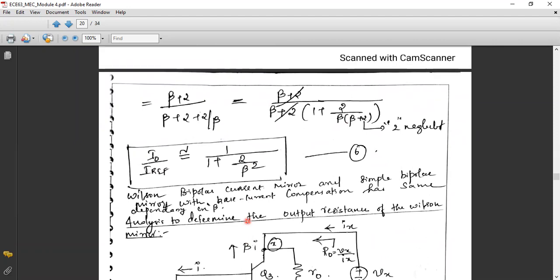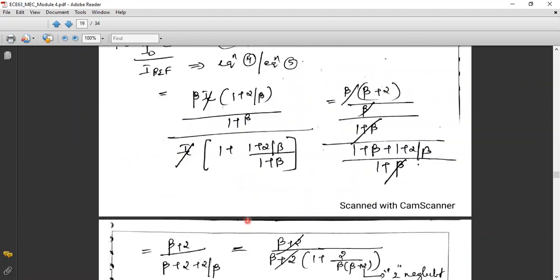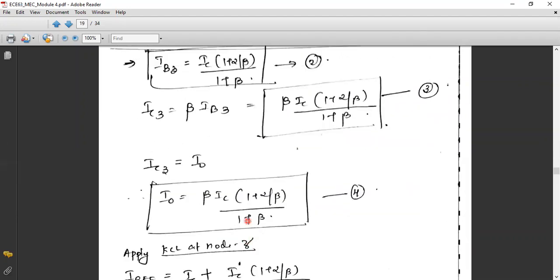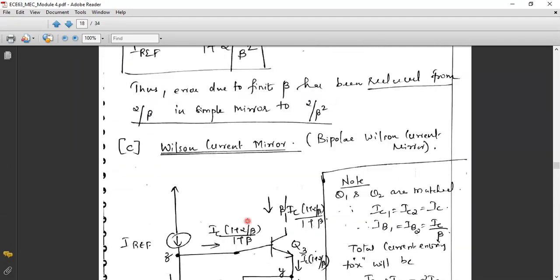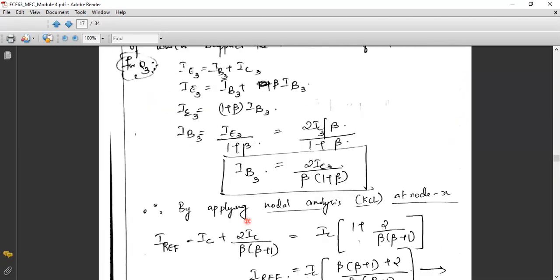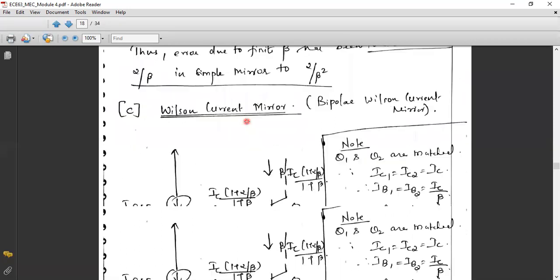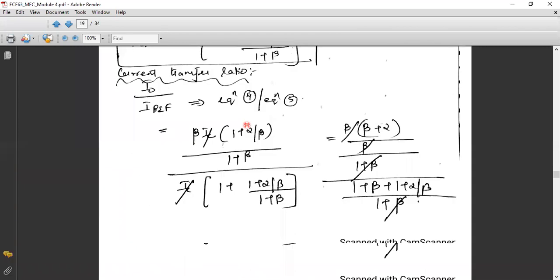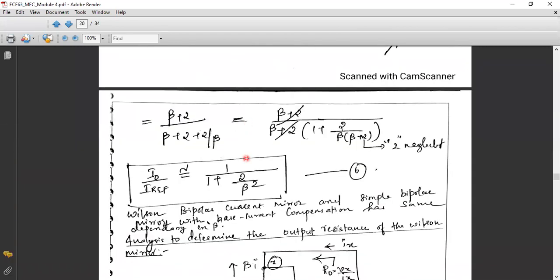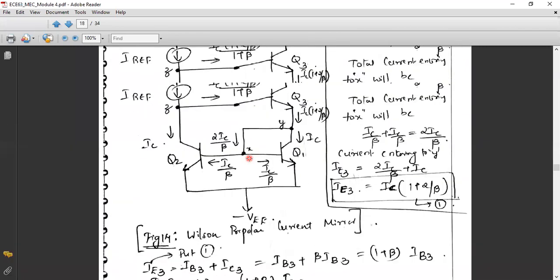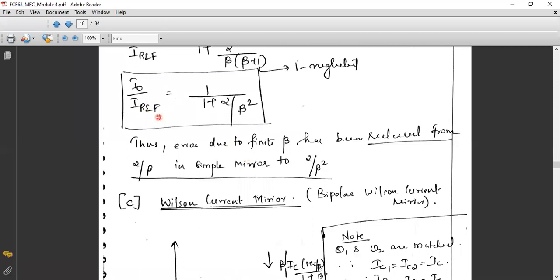Okay. So if you compare this Wilson's mirror and the previous base bias compensation circuitry using the BJTs, both have the same equations, with the same dependency on beta. Do you find any change in the final equation? No, right? You have the same equation for the current transfer ratio.